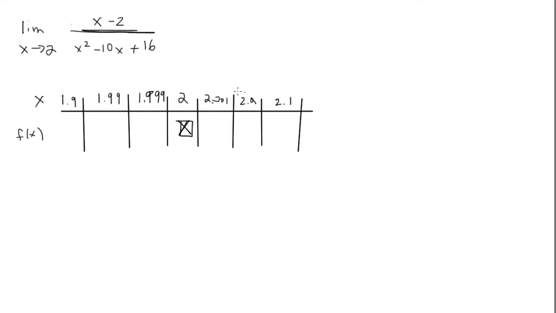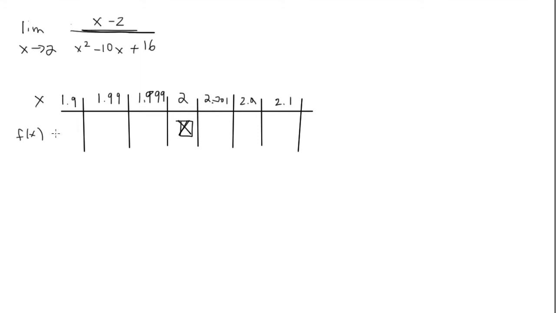Numbers that are bigger than 2 but approaching it. And then in this box here we need to just put f of x. I've pre-computed these numbers, but all we would do is take the x coordinate here, plug it into this function, and crunch the arithmetic to see what we get.